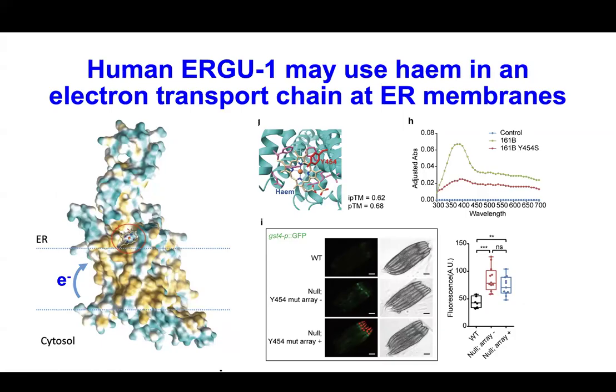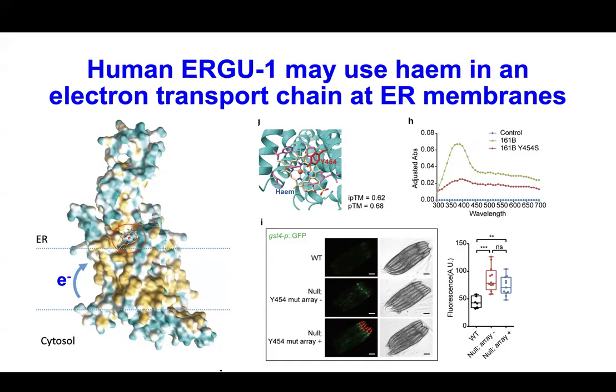So now I've told you about the conservation of this protein family and the function of the C. elegans homologue in H2O2 detoxification and its potential mechanism of electron transfer through the cysteine pair.